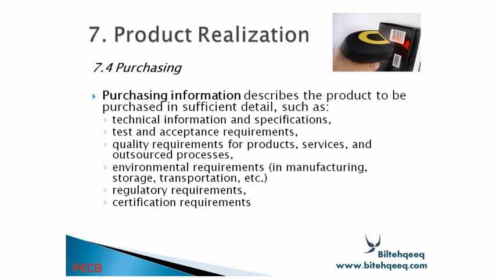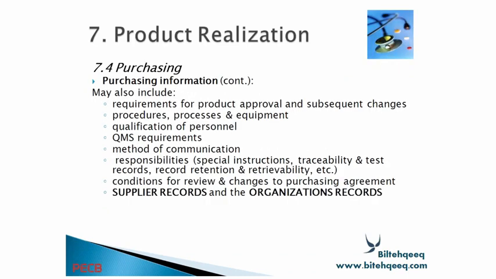So, when you are purchasing anything, you have to describe each and every requirement which is necessary for you and can impact the quality of your product, or maybe you have to fulfill some regulatory requirements.